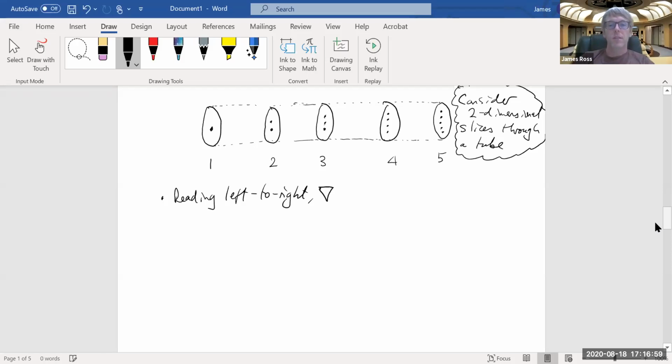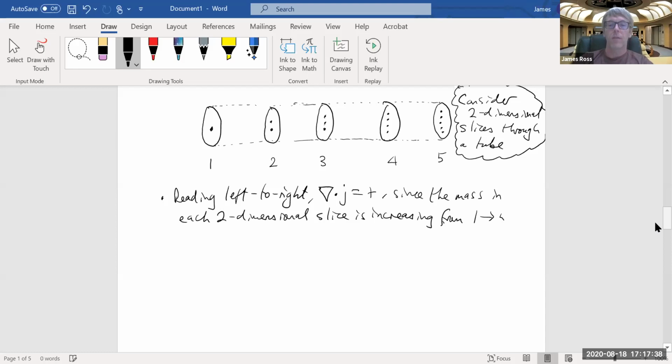the divergence of the flux, remember in our continuity equation we had divergence. Well, here the divergence of the flux is positive, since the mass in each two-dimensional slice is increasing from 1 to 5.